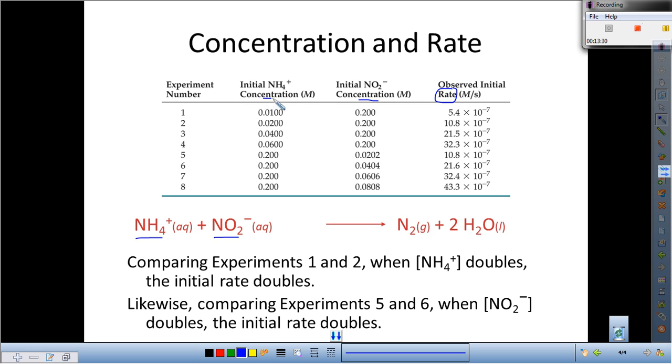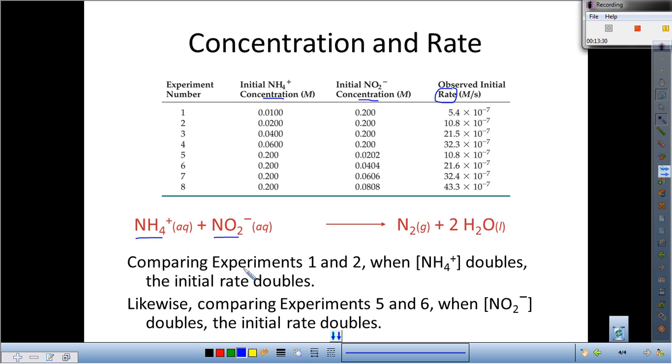If you have a data table that looks like this, you know they're asking you about the differential rate law because it's concentration and rate, and they gave you the rates. You're not calculating any rates. So here's the reaction: ammonium and nitrite are reacting to produce nitrogen gas and 2 moles of water.